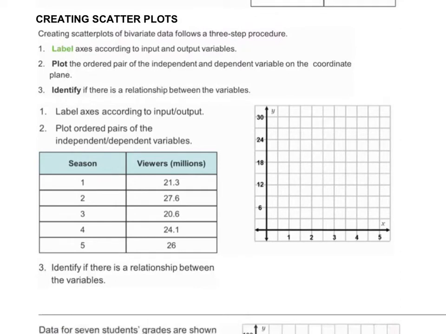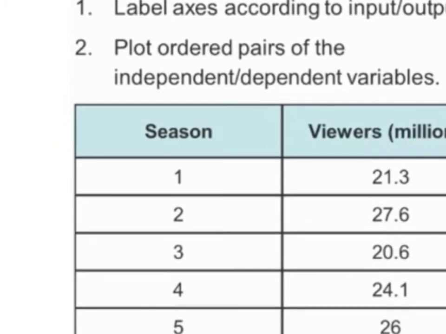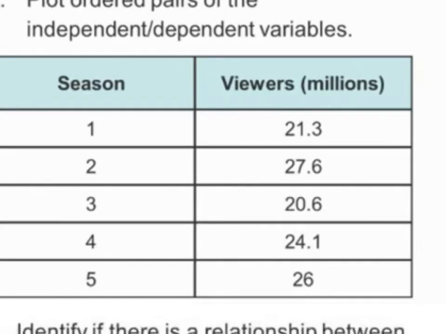Okay, so based off of this, we have this first column which shows the season, and the second column which shows the viewers. Okay, now the season, that's kind of like a measure of time. All right, season 1, season 2, season 3, season 4, and then the viewers of a certain show.